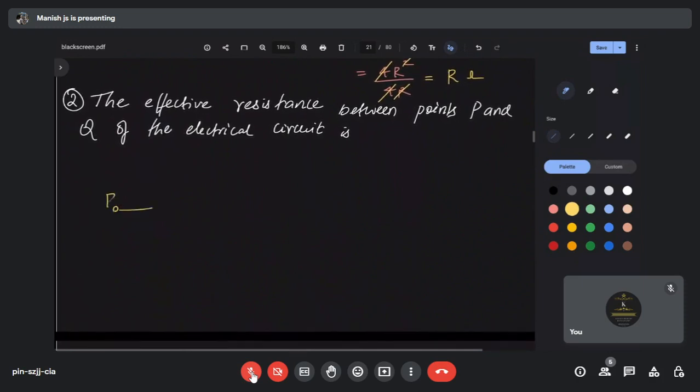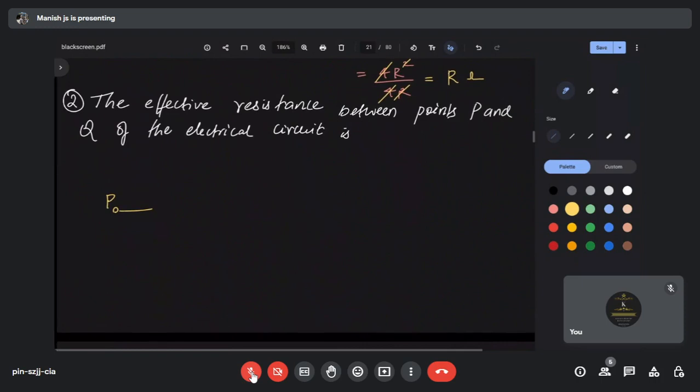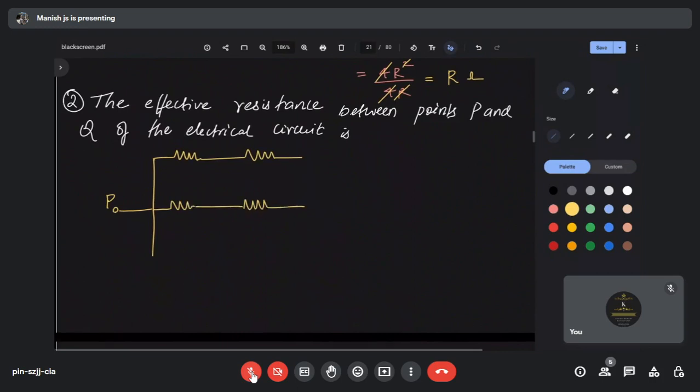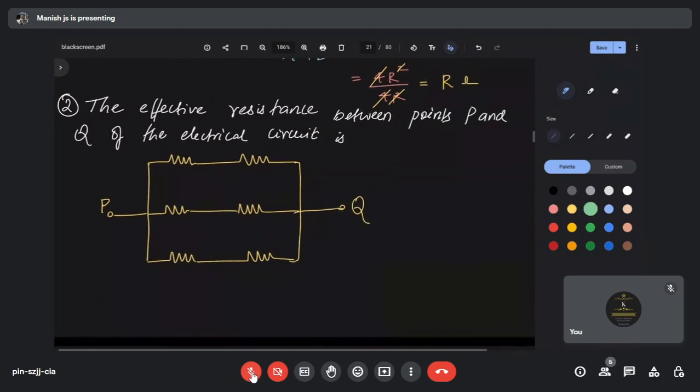So this is the point P. Now I'm drawing the circuit. So I'm giving you the values as well. This is 2R.